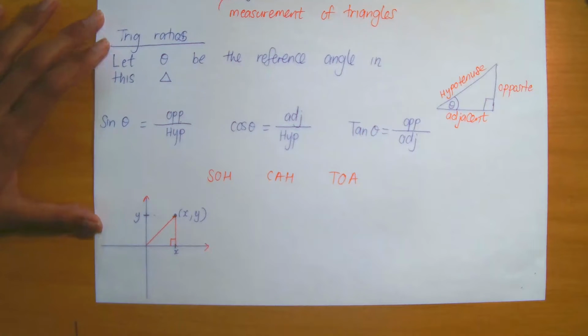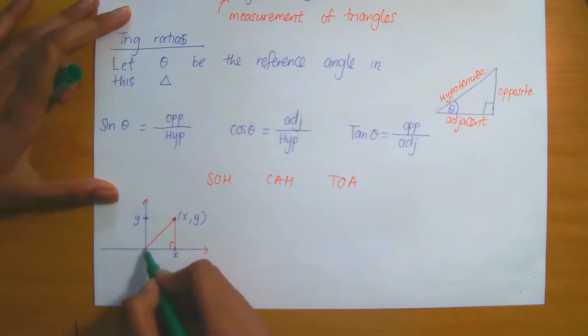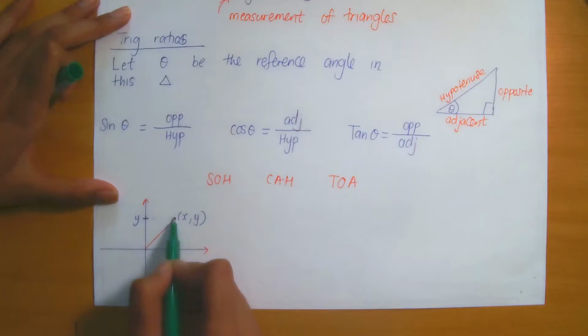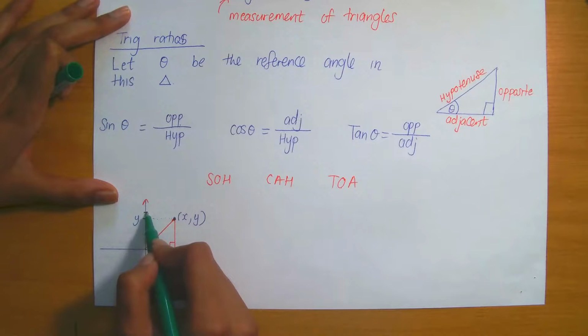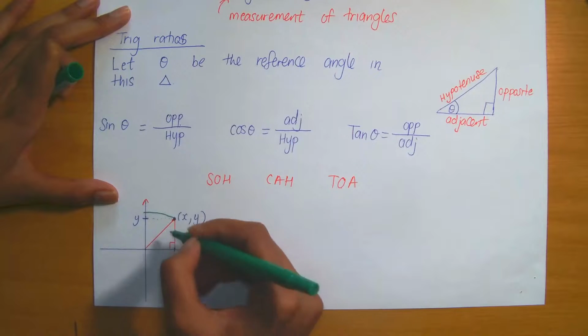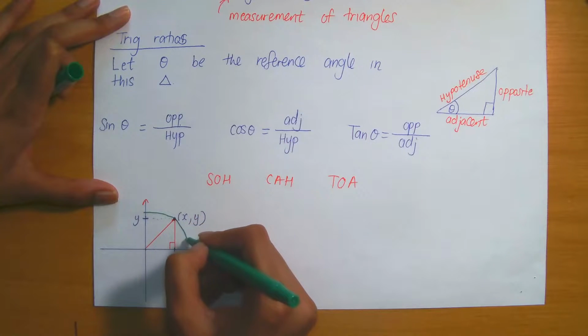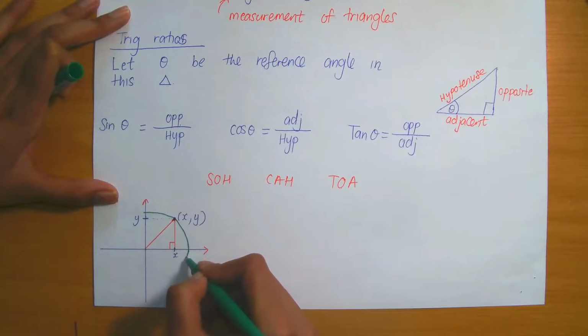More importantly, I'm going to draw a circle with center at the origin that passes through the point (x, y). Let me sketch this, and I'll do my best to make sure that it's a uniform circle.